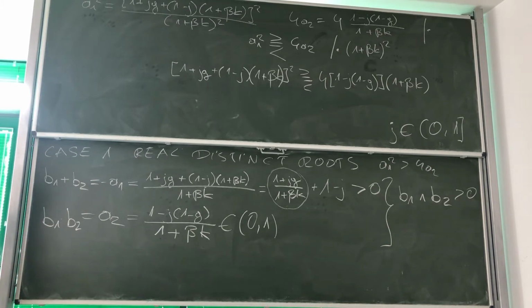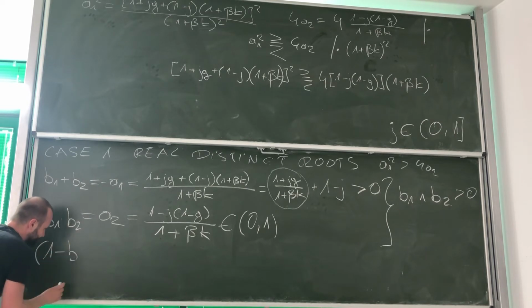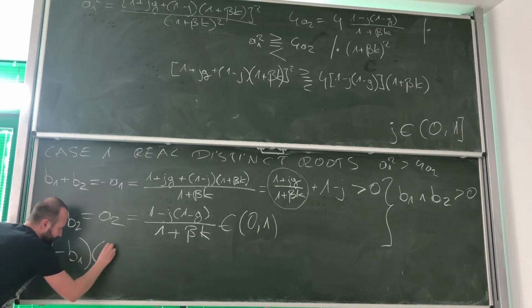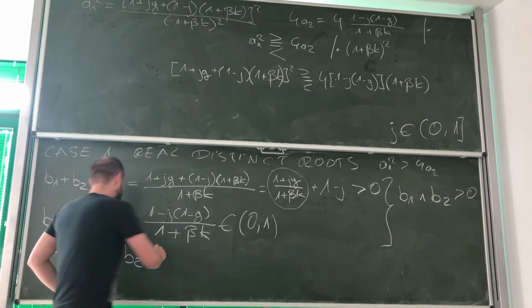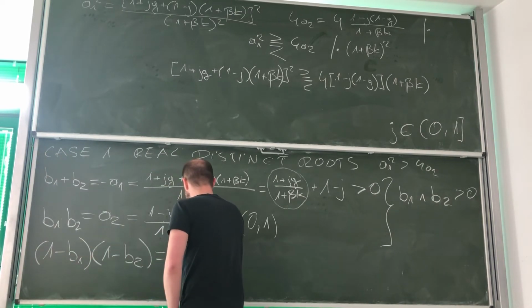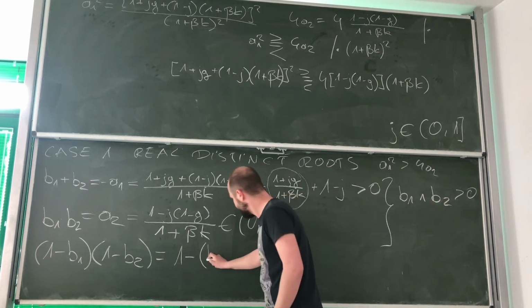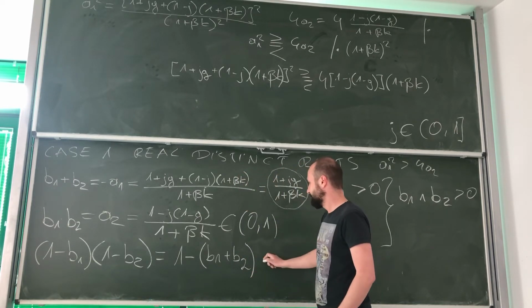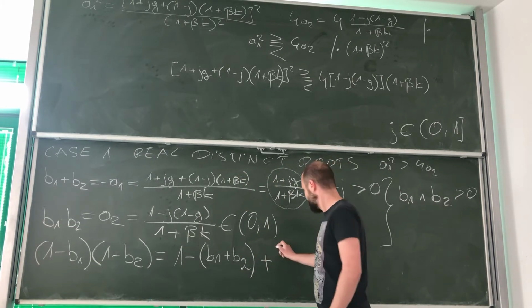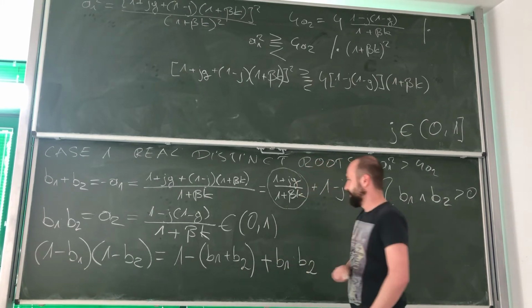But let's go one step further, right? We always also try to treat 1 minus B1 times 1 minus B2. We already established that this is equal to 1 minus (B1 plus B2) plus B1 times B2.